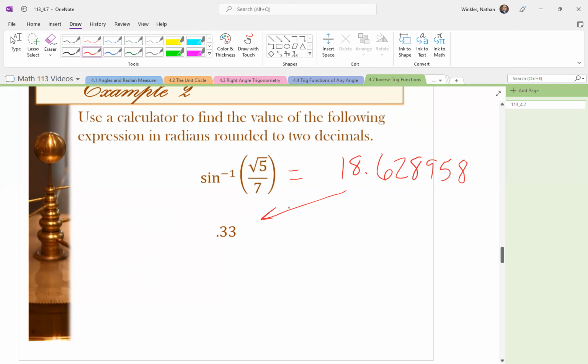But how does that translate to here? And I do this for a reason. It gives us a hint here in radians.